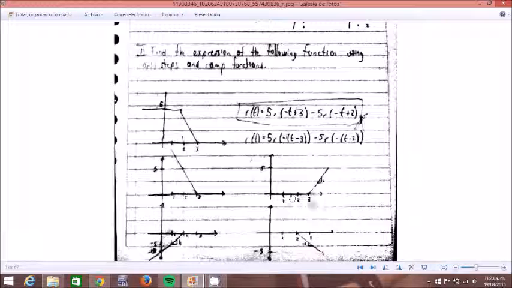So it begins in positive 3, and then it goes through the 5 with a slope of positive 1, and then this one has a minus 5 beside the r, so this is the coefficient, and then it goes in 2 and goes to the right, with a slope of minus 1, sorry.